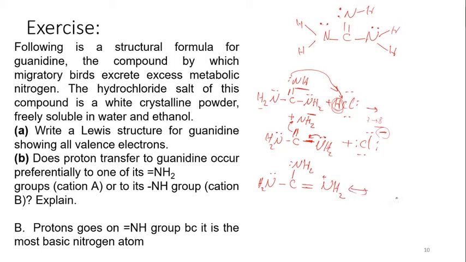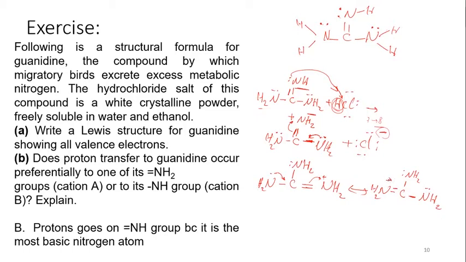It also can resonate. My other resonating structure can be the movement of my double bond back to my nitrogen, and in that case my two lone pairs from this nitrogen. So I will have here NH2, and I will have here C, NH2, with two lone pairs, non-bonding pairs, and I will have here NH2.